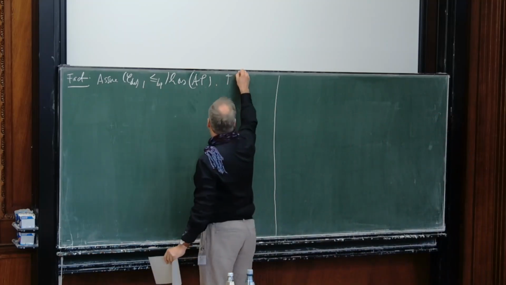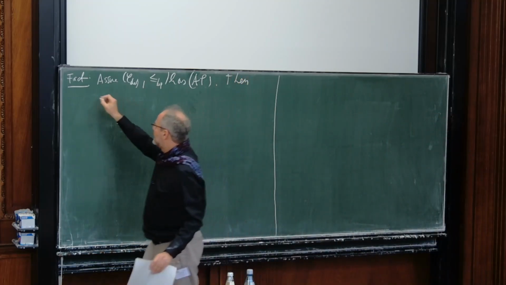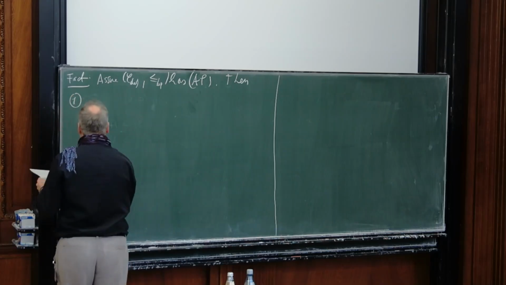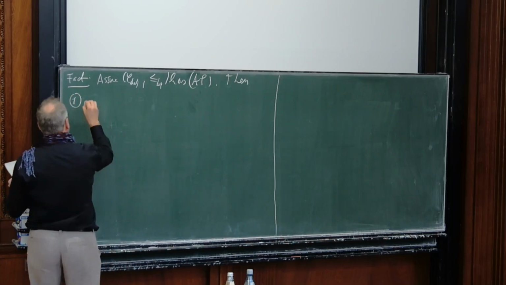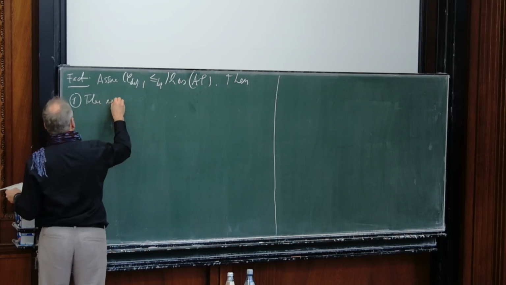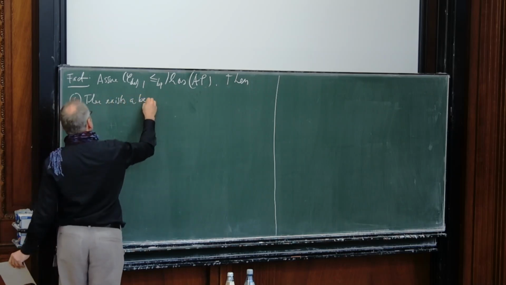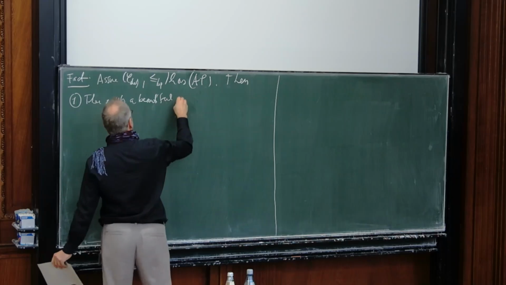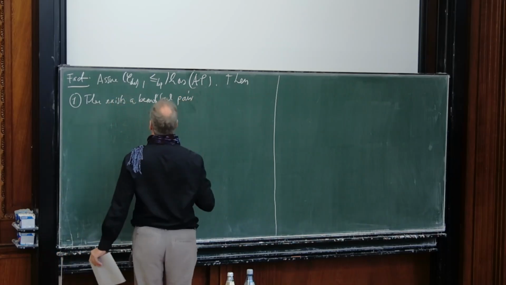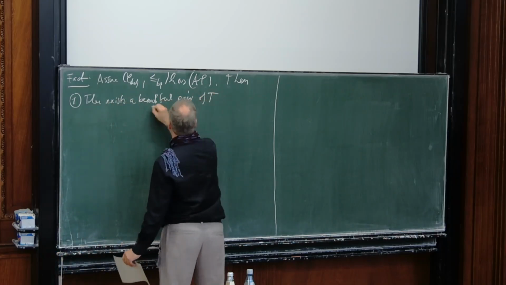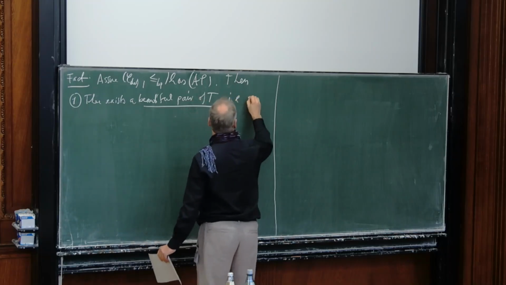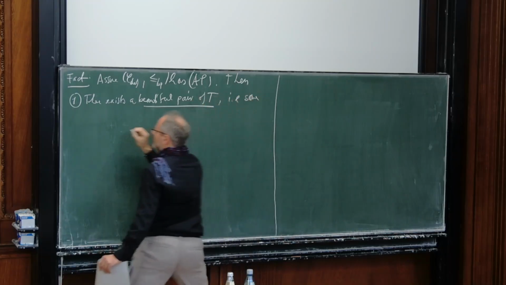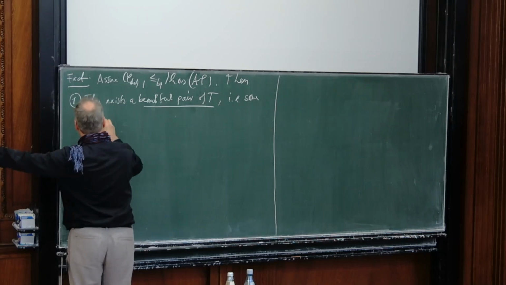Then I can, of course, construct Fraïssé limits, I can construct rich structures. So what is it? There exists a beautiful pair, as we call it, of T, i.e. some structure in this formalism.